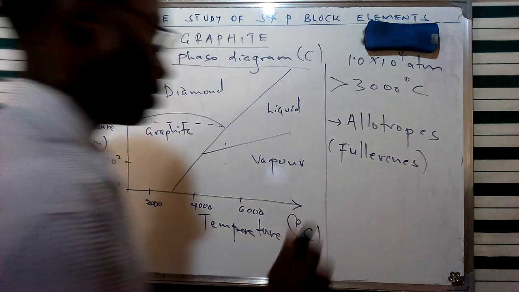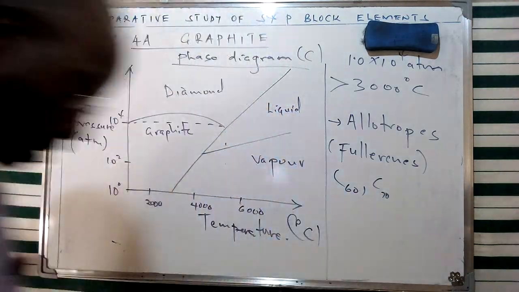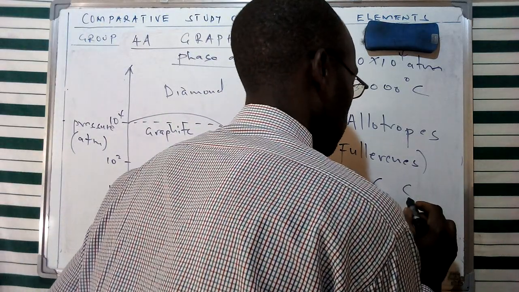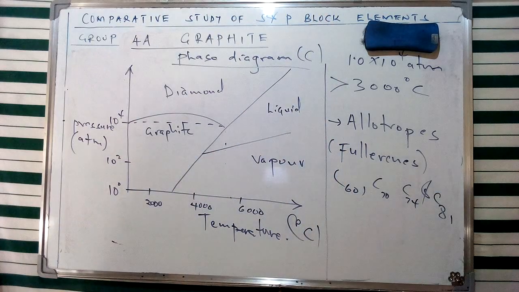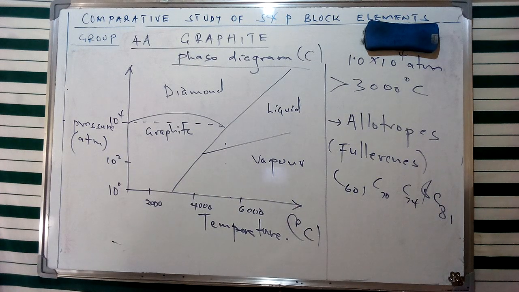And this, of course, can be illustrated in forms of carbon with those specific numbers. So we're going to have carbon 60, carbon 70, carbon 74, and perhaps carbon 81. And these are going to be especially mentioned in various applications, especially when we look at some of the applications of these elements in nanotechnology.